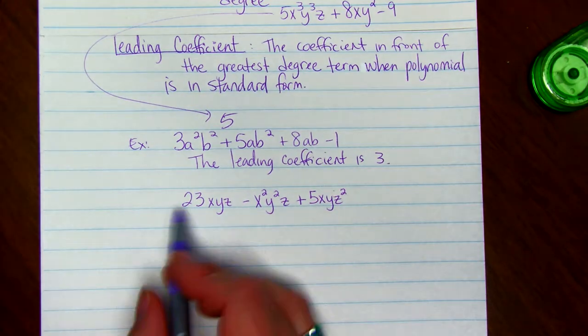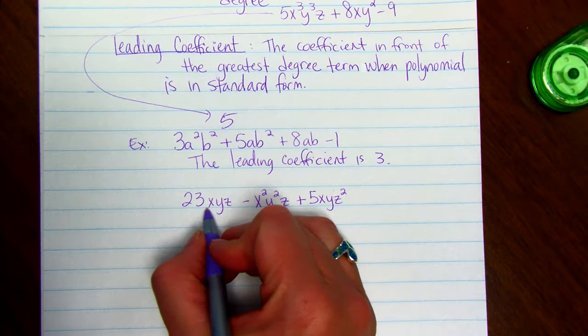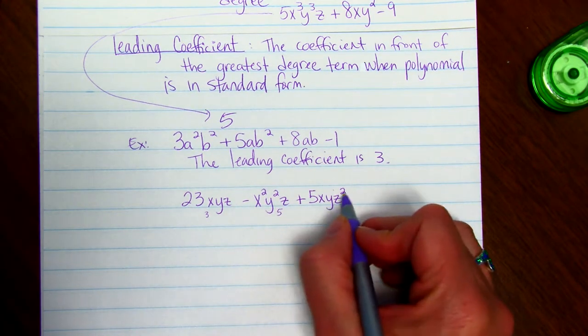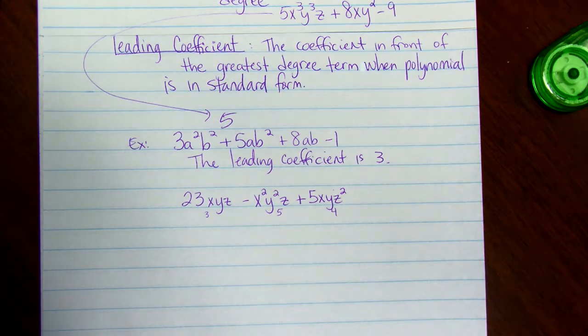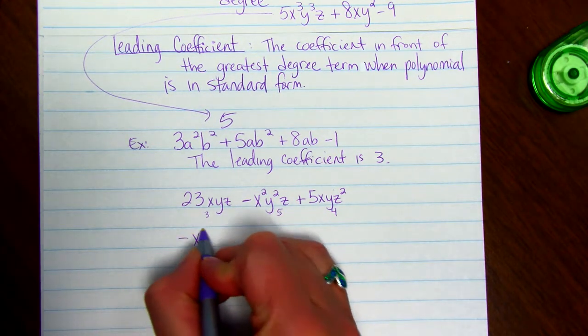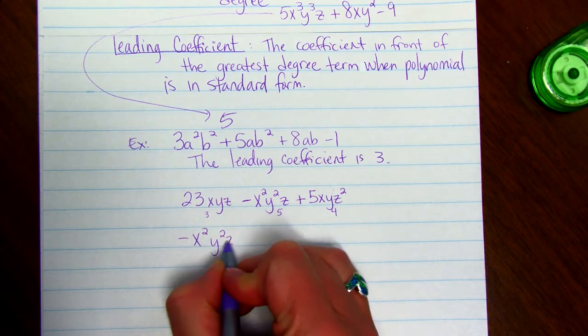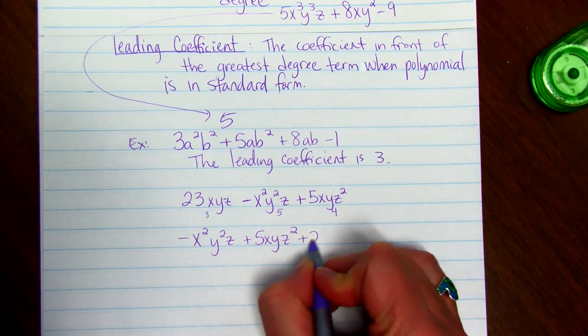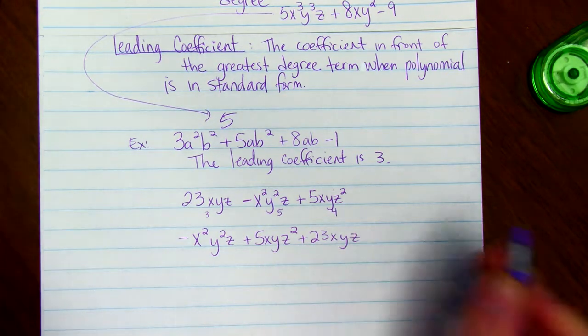Okay, so we look at the degree of the terms. This one has degree 3, this one has degree 5, and this one has degree 4. So the greatest degree term is the one that's 5. We want to keep the sign with it. So it's negative x squared y squared z plus 5xyz squared plus 23xyz.